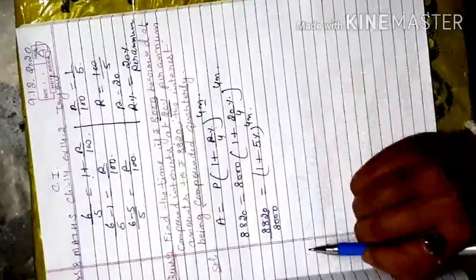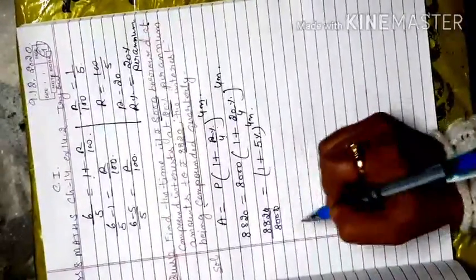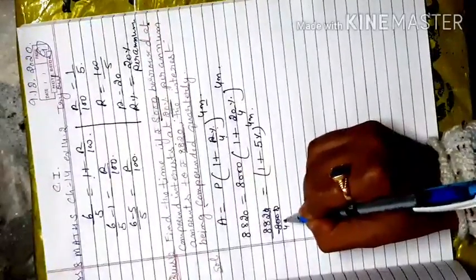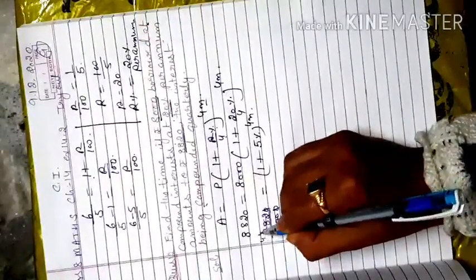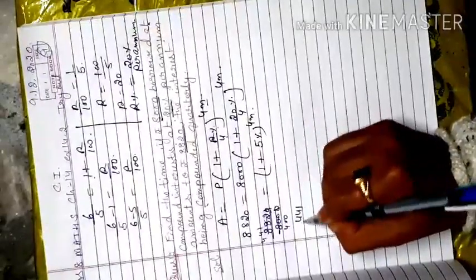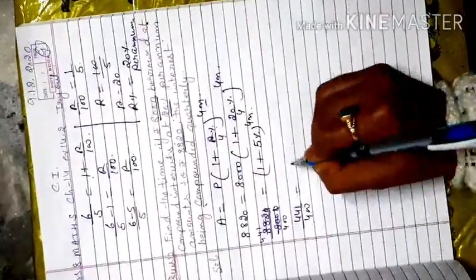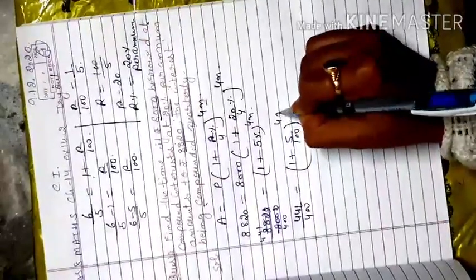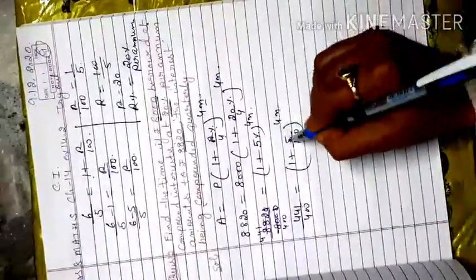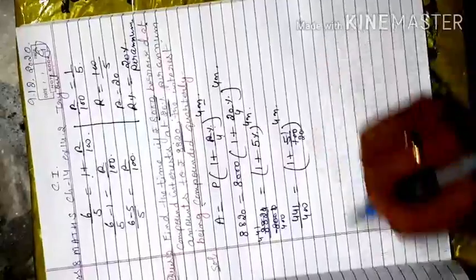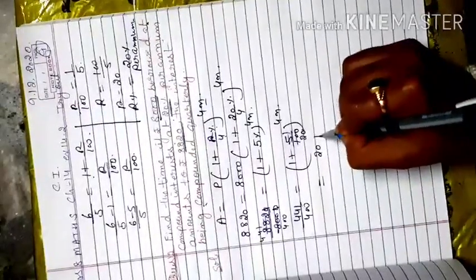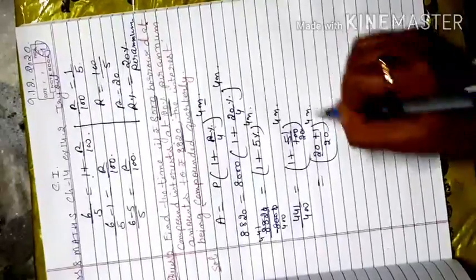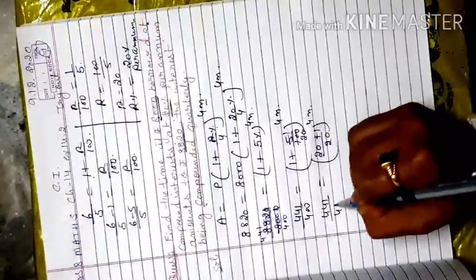Now percentage changes into 100, one zero is cancelled, so that will go to the 2 table. 2 fours are 8, 2 twenty-ones are 441, so that gave me 441/400 = (1 + 5/100)^(4n). 5 ones are 5, 5 twos are 10. So when I take the LCM, (20 + 1)/20 to the power 4n equals 441/400.